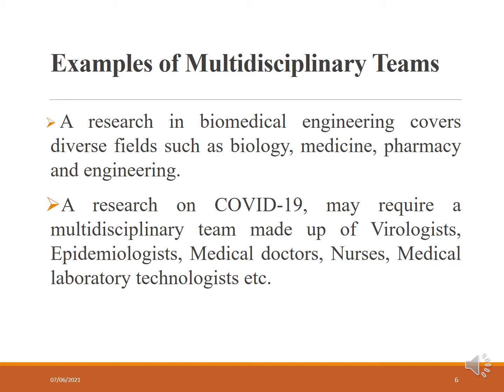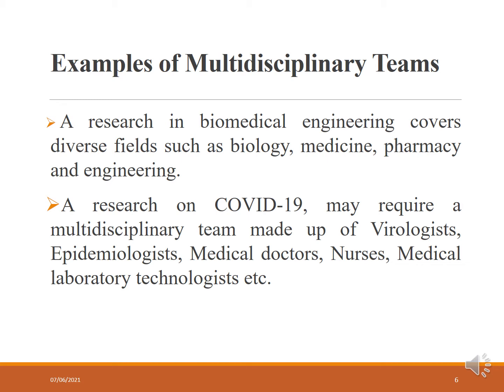So let's look at practical examples of multidisciplinary teams. For example, a research in biomedical engineering is purely multidisciplinary. Why? Because it covers fields such as biology, medicine, pharmacy, and engineering.